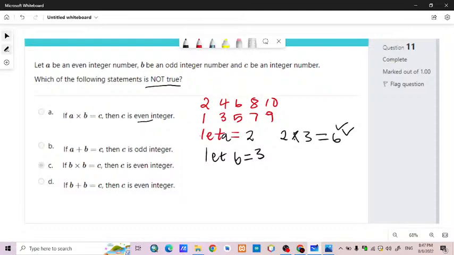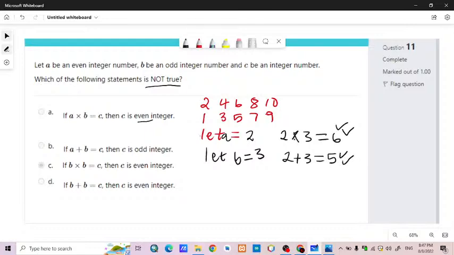The second one says if A plus B equals C, then C is an odd integer. 2 plus 3 gives us 5, and 5 is an odd number, so this one is also true.